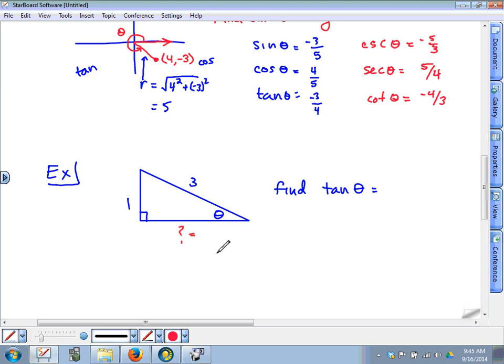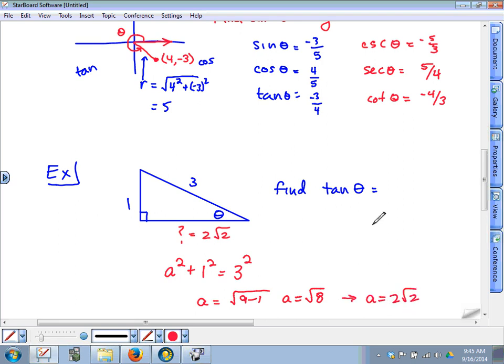What are we getting? We have a squared plus 1 squared equals c squared. That means a is equal to the square root of 9 minus 1. So a is equal to the square root of 8, which means a is equal to 2 root 2.